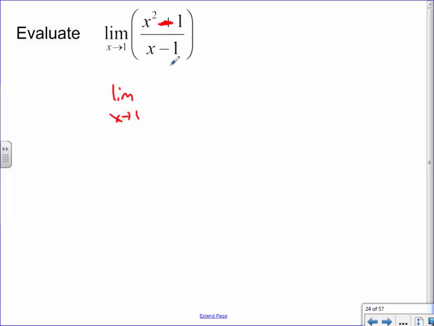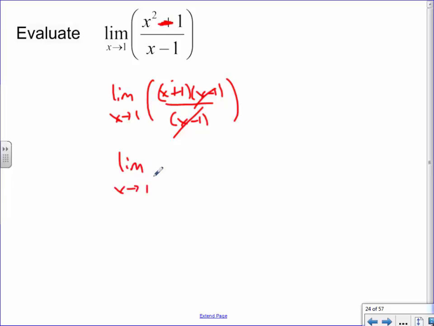Okay. On this one right here, what we'll discover then is that x squared minus 1 really can be written as x plus 1, x minus 1. So rather than writing it like that, I should write it like x plus 1, x minus 1, all over x minus 1, which means you can cancel that, which gives you the limit as x approaches 1 for x plus 1.